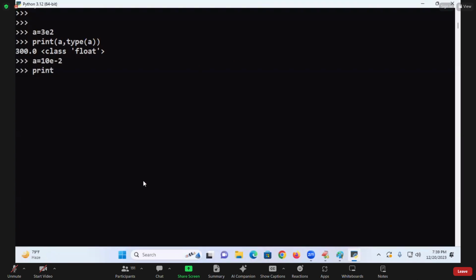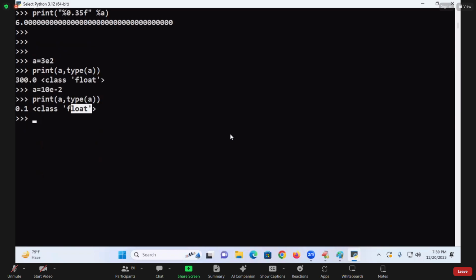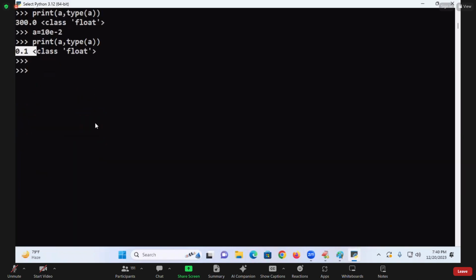Are you following me? Type of A. What is this now? 0.1. Which type? Float. Now be careful, students. Scientific notation automatically converts into float.